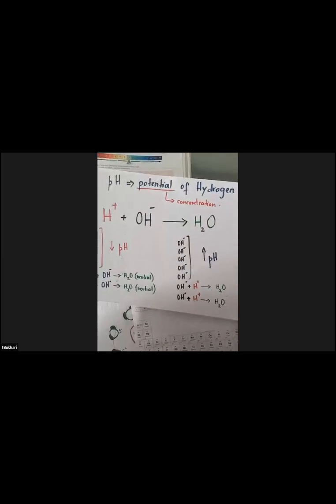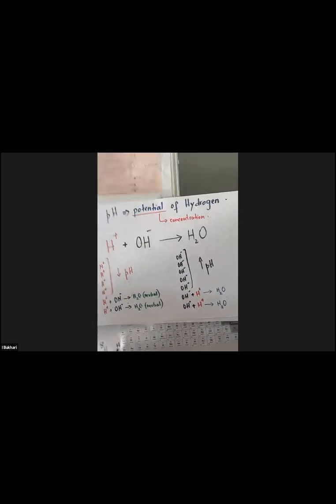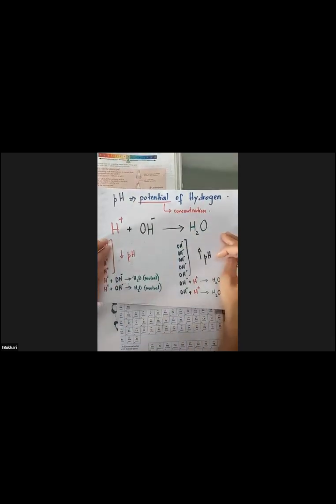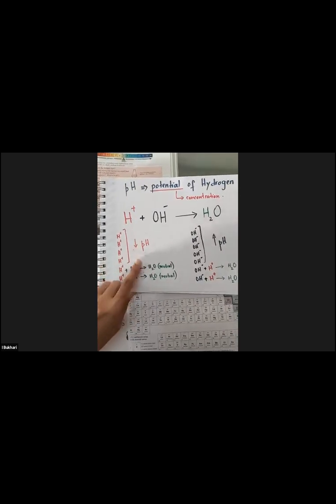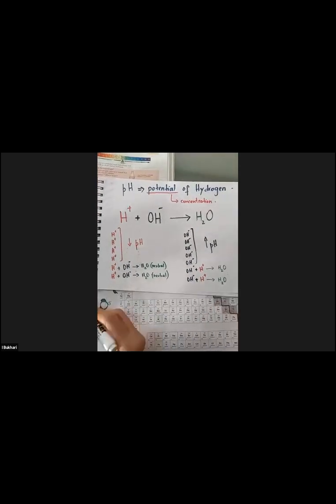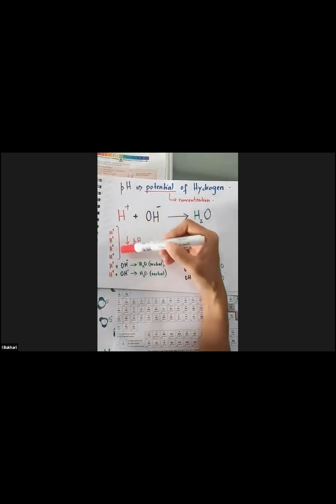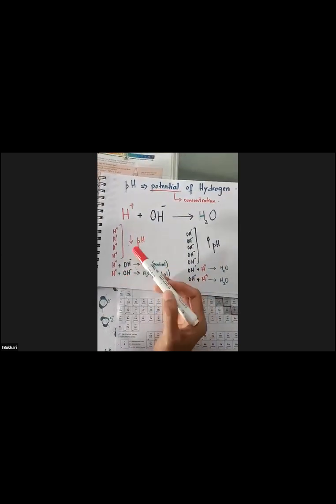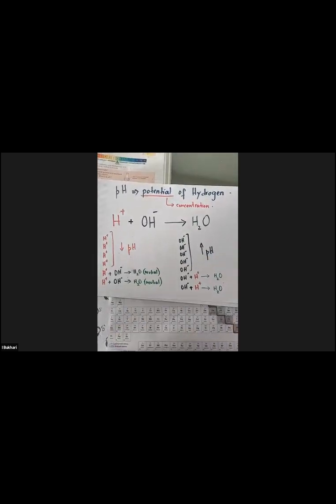I want you to look at this pH thing as a seesaw. I like this analogy of the seesaw that they have used here. Your seesaw is basically this equation. When the pH is too low, what does that mean? That means we have a lot of hydrogen ions as compared to hydroxide ions. Remember another thing which I used to get confused about when I was a student.